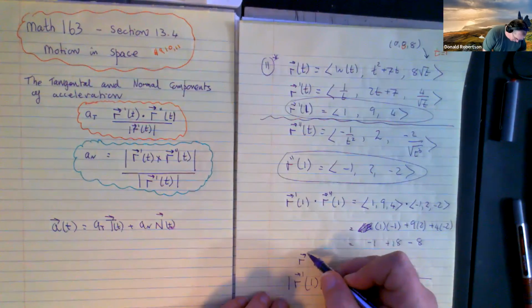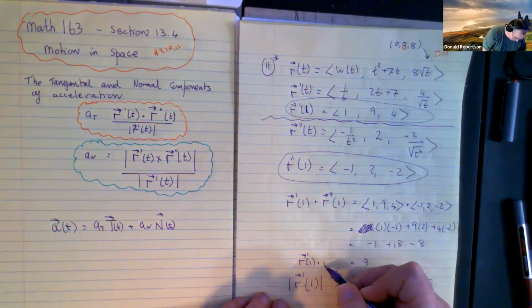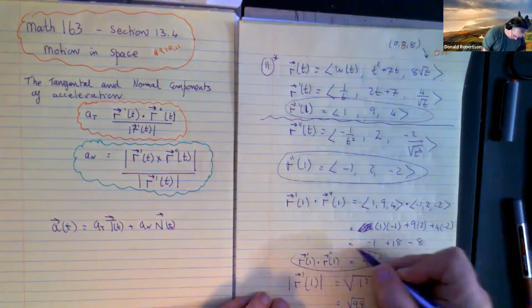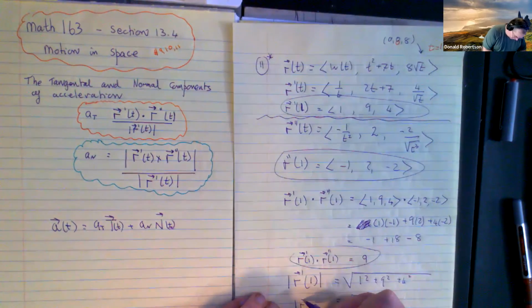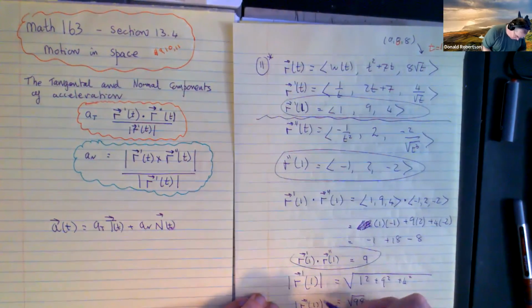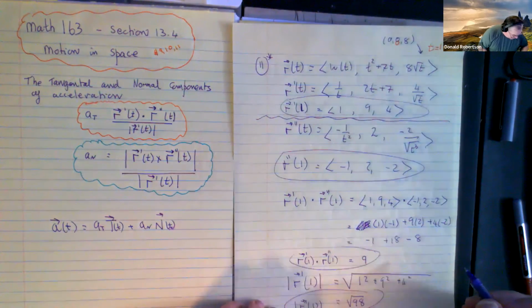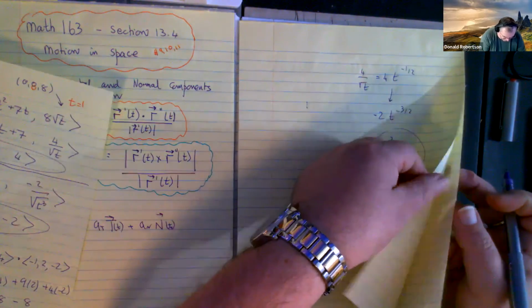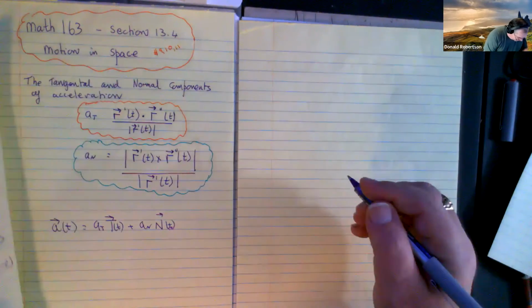So I know the dot product of the first and second derivative at 1, just this guy. I know the magnitude of the first derivative at 1, just this guy. And so I can now get the tangential component, this guy.